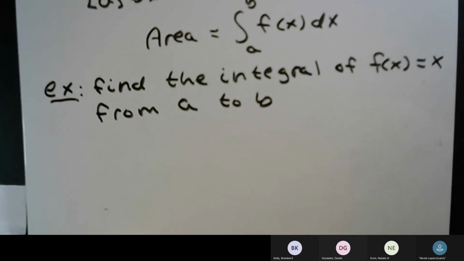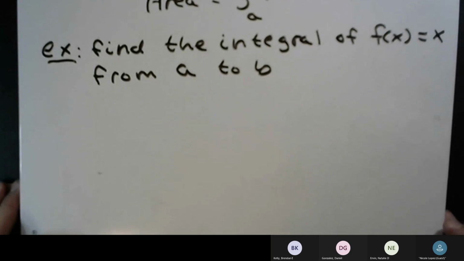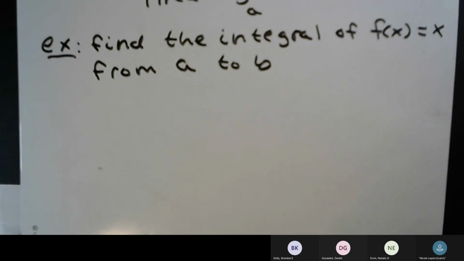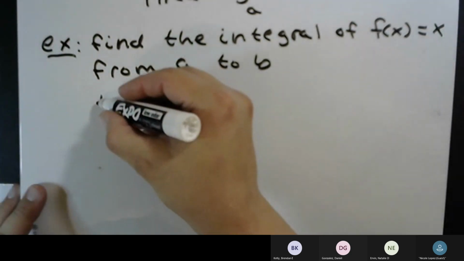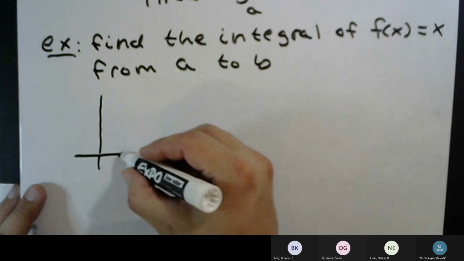This is going to be a bit abstract. It's sort of like what we did with derivatives, like finding the derivative of x to the n. We found it's n times x with an exponent of n minus 1. We're sort of doing that kind of thing. Let's draw a picture and see what's going on.